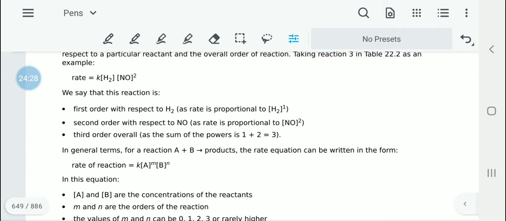Then for this equation, rate equals k[H2][NO] squared, that is the other equation there, reaction number 3 of the chart. For hydrogen, it is first order, that is the rate is proportional to hydrogen concentration.